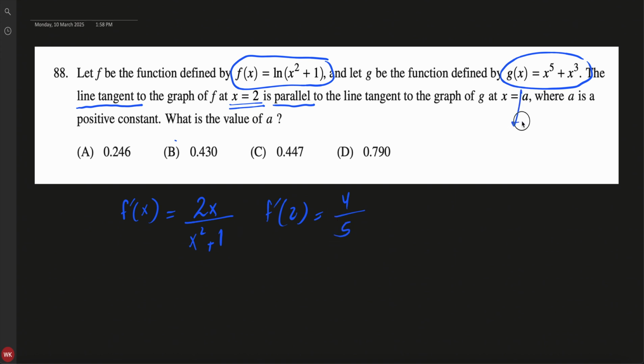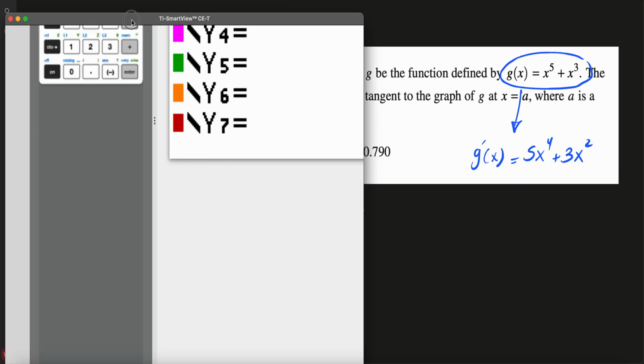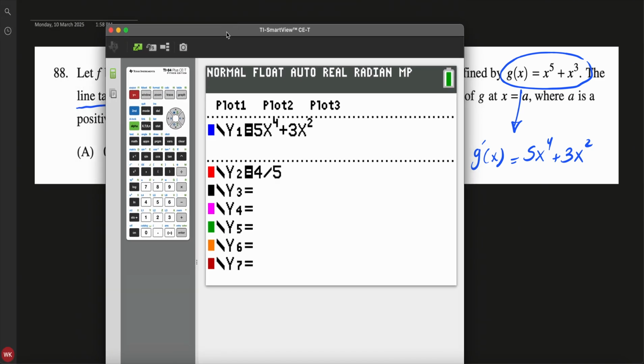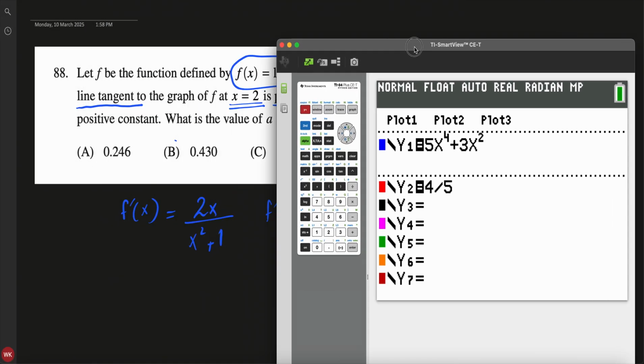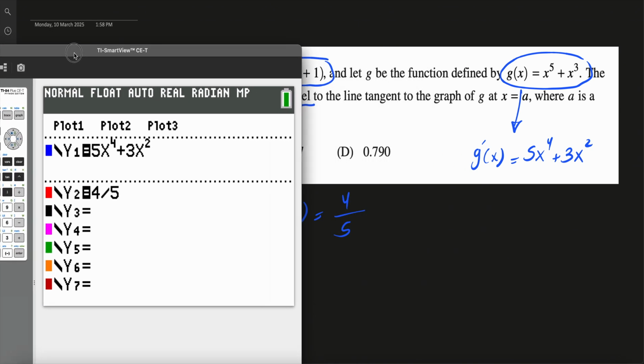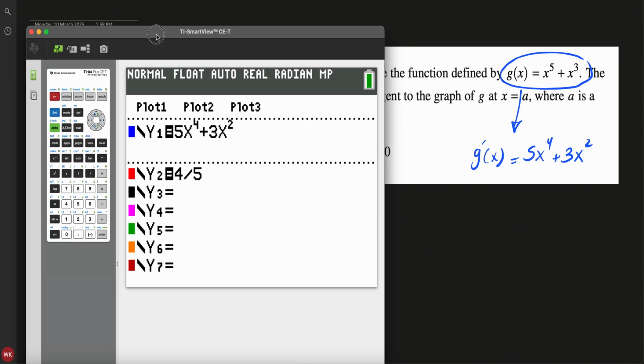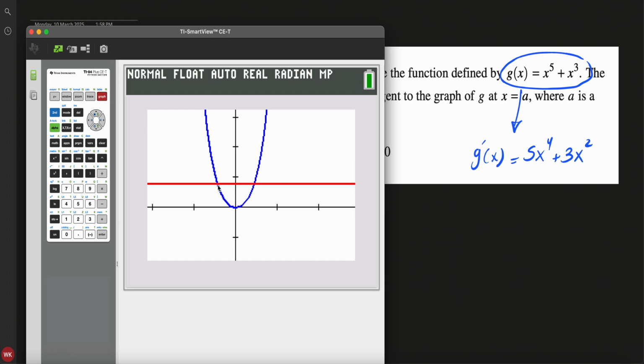Now my g prime will be differentiated as such, so it's going to be 5x to the power of 4 plus 3x squared. And since this is a graphing calculator question, I'm going to use my graphing calculator. I'm going to see where those two, the 4 over 5 for the f prime and the g prime, actually intersect. I'm going to graph them, and they intersect on the left and the right.